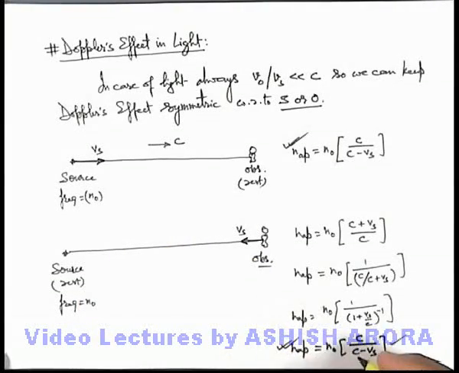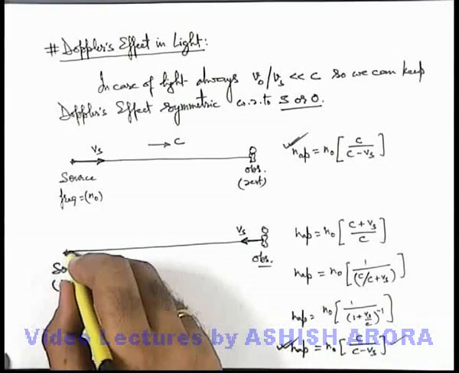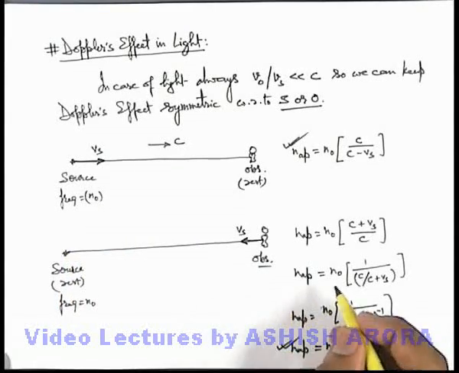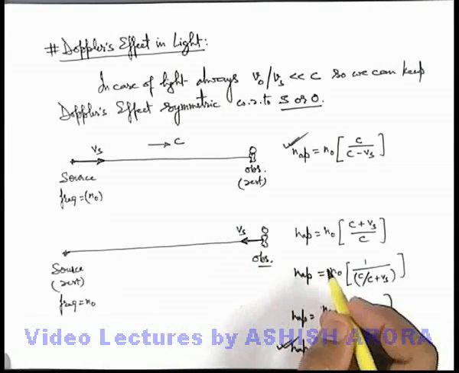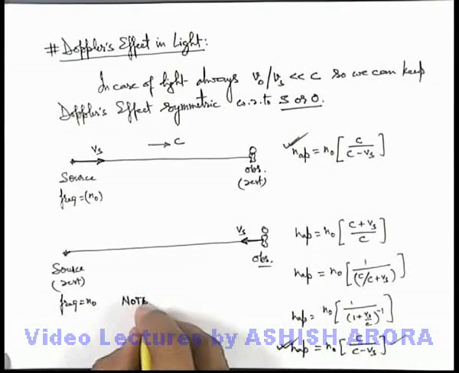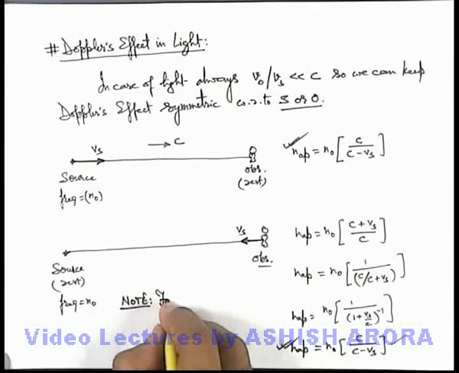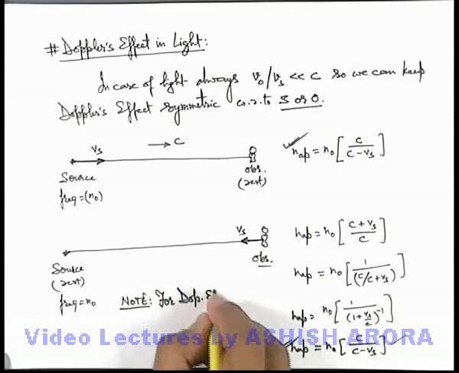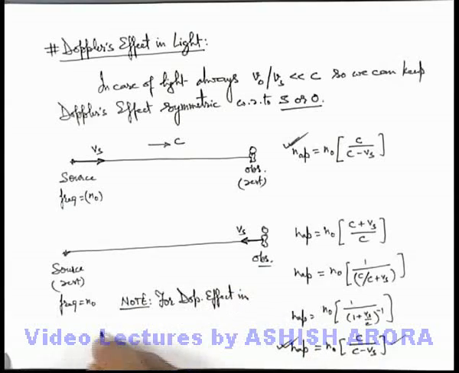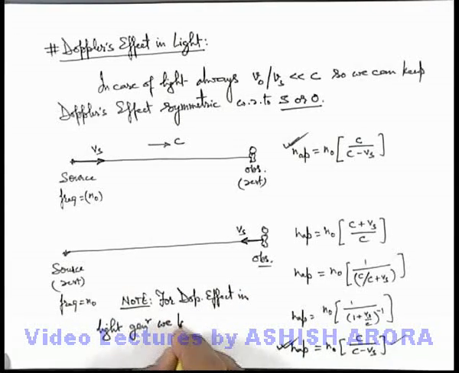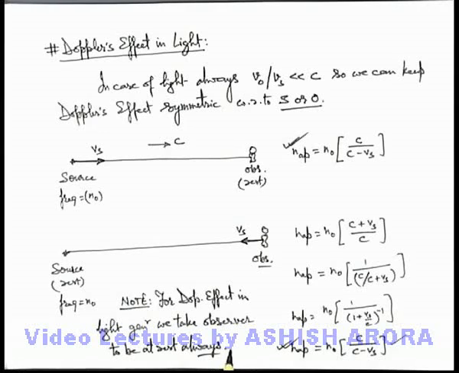So in general cases of Doppler's effect in light, for ease in calculation, we generally consider the observer to be always at rest. So you can write down this note: for Doppler's effect in light, generally we take the observer to be at rest always, as it won't make any difference to the result.